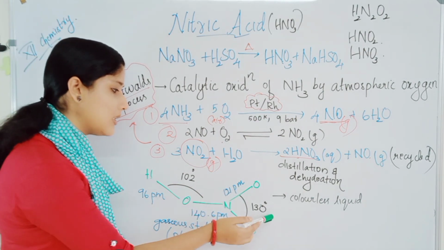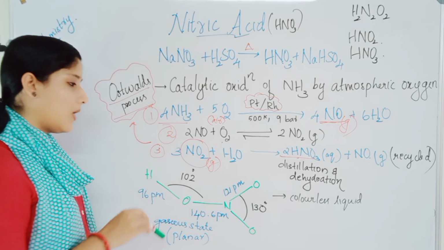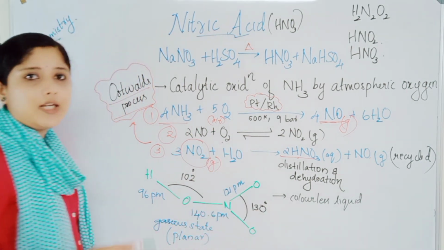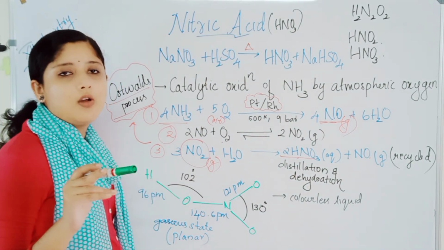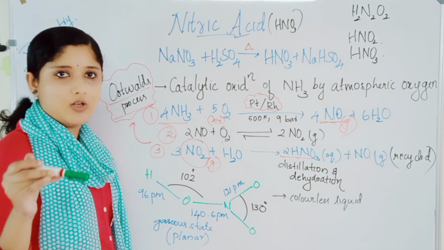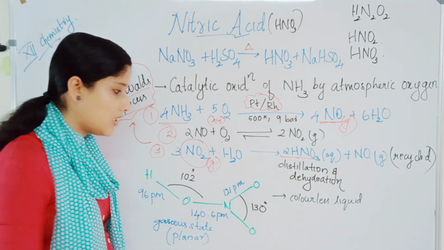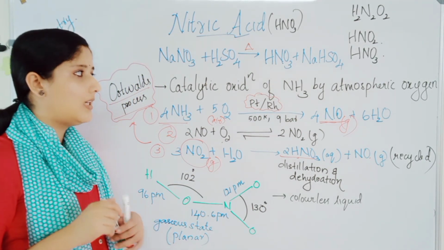The O-N-O bond angle is 130 degree and the H-O-N bond angle is 102 degree. This is the structure of nitric acid. You may get different options regarding the structure of nitric acid in planar state, and you may be asked to find which is the correct structure. So study the planar structure of nitric acid in its gaseous state.